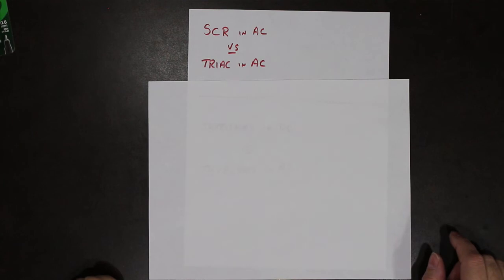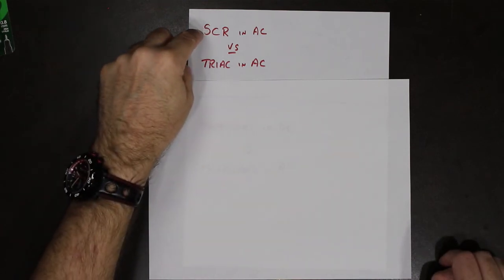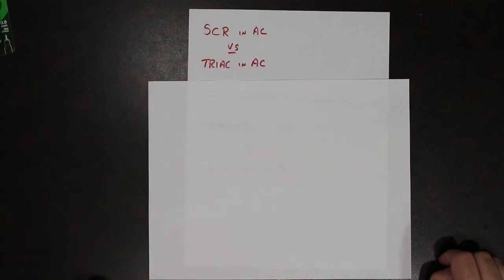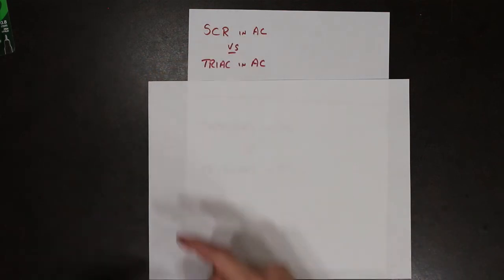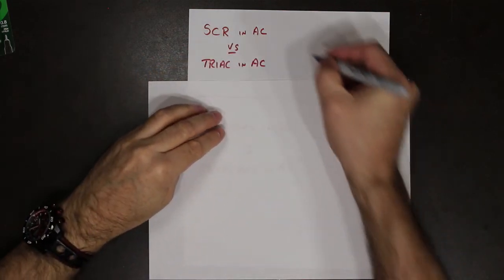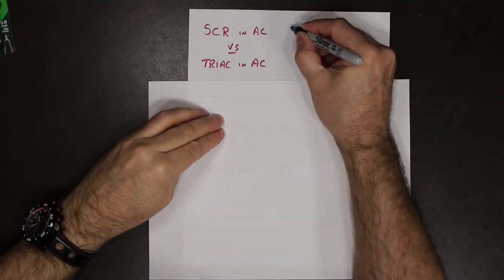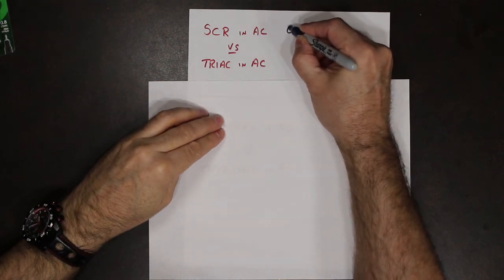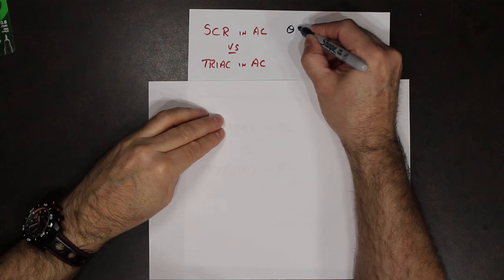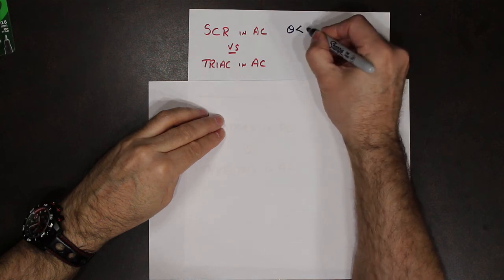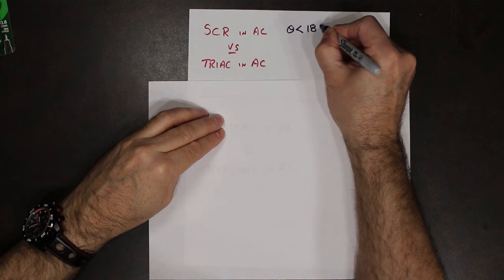So a couple of little comparisons. The SCR in AC versus the triac in AC. The SCR is going to have a conduction angle which is going to be less than 180 degrees.